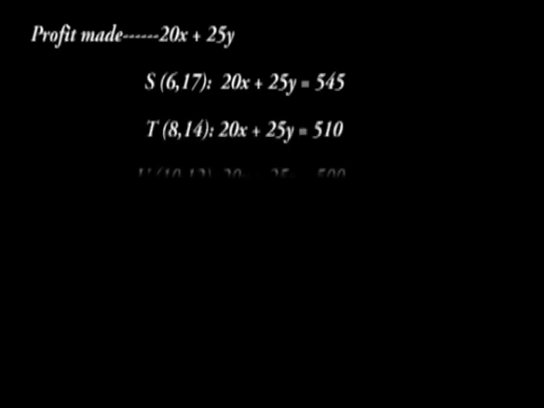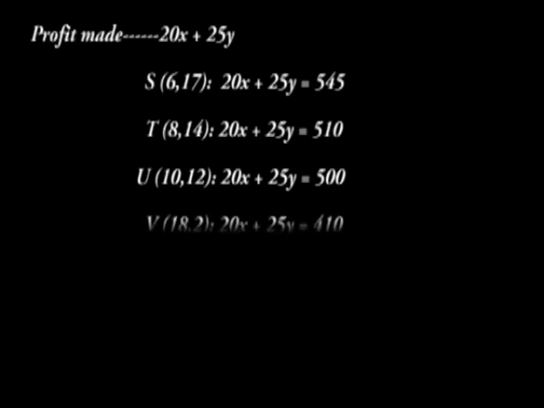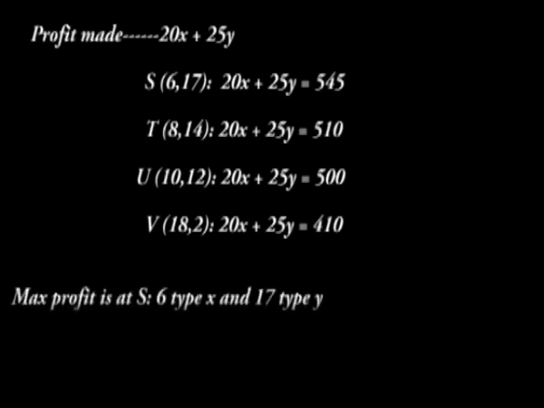T is 18, 14 and gives us 510. U is 10, 12, giving us 500. V is 18, 2 and it gives us 410. The maximum profit is at S. Therefore, he should buy 6 type X books and 17 type Y books to make the maximum profit of 545 shillings.